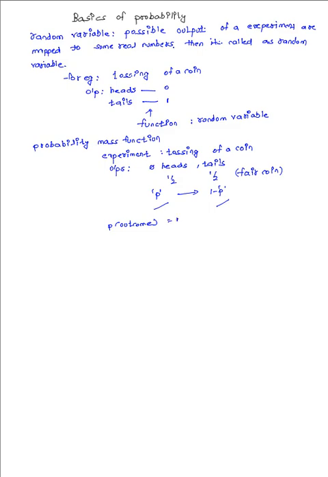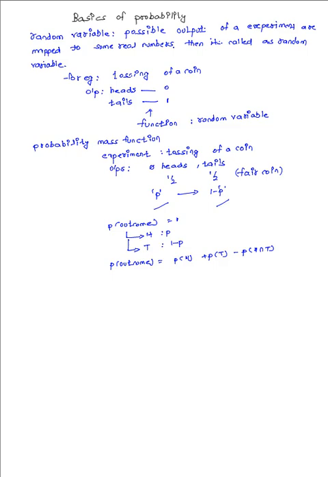That can be heads, that can be tails. Once a coin is tossed, we will absolutely get an output, but it can be head or it can be tail. If the probability of head is p, then the probability of tail is 1 minus p, because the probability of outcome can be written as probability of head plus probability of tail minus probability of head intersection tail.